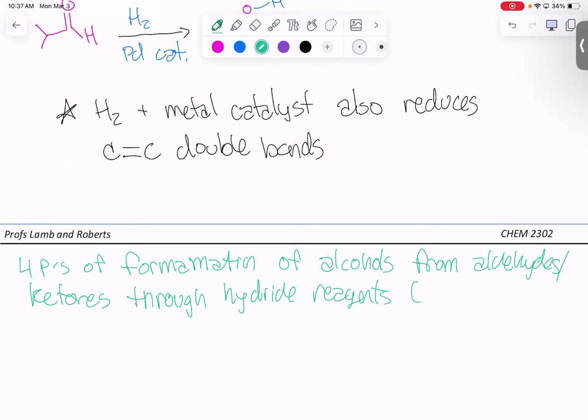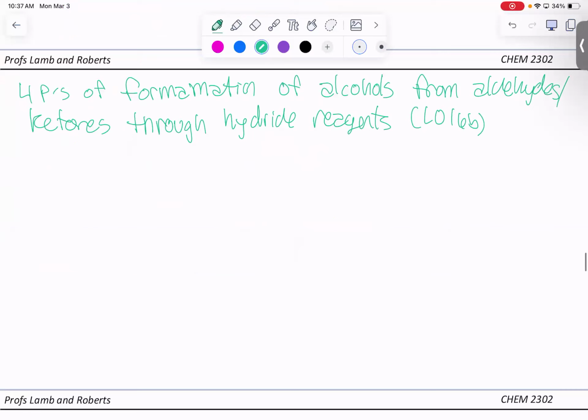We learned this as learning objective 16B. Okay, let's start with benzophenone. You'll recall that is a ketone with 2 phenyl groups on it.